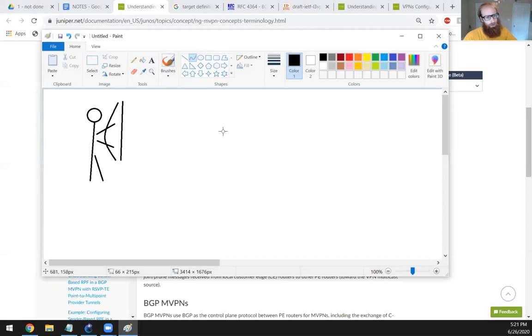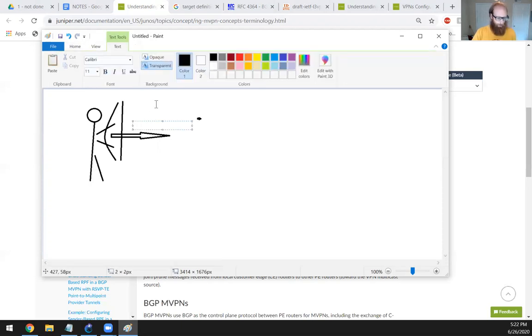So he's got a bow and arrow there, and he's firing off an arrow here. So we've got the archer himself, that's the PE router. We've got the arrow, that's the VPN-IPv4 route.